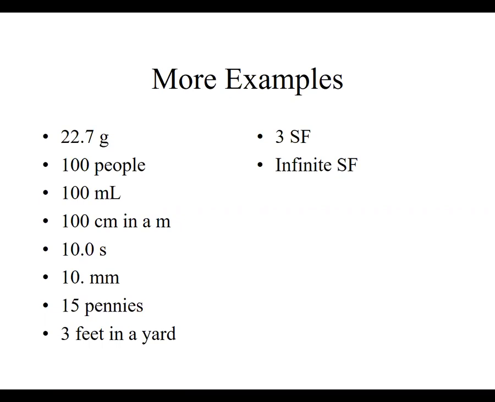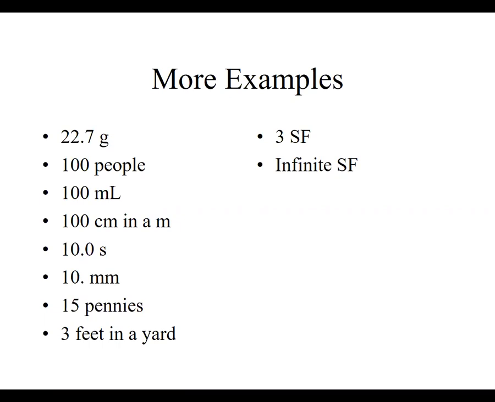Or it could be that we have it narrowed down to give or take about 10 milliliters, in which case the 1 is known with certainty, the first 0 is a reasonable estimate, and the second 0, the one in the units position, I have no idea what that is.